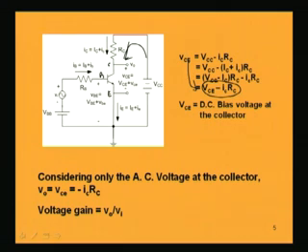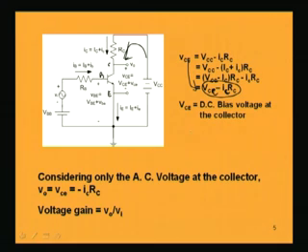that is given by this VCC, that is the DC biasing voltage at the collector, which is reverse biasing, minus ICRC. This IC is basically the instantaneous current, having IC plus small ic, but only the AC component will be considered in order to discuss amplification of the transistor.